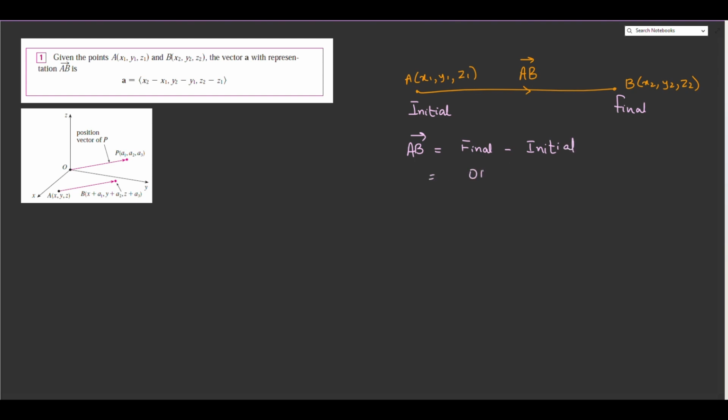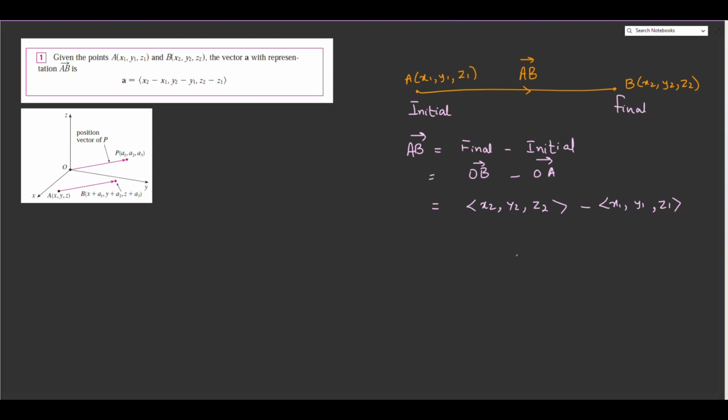Which is equal to the vector OB minus the vector OA. OB and OA are the position vectors of the points B and A with respect to the origin. These we discussed previously in section 12.1. The position vector of the point B is x2, y2 and z2, and the position vector of the point A is x1, y1 and z1.